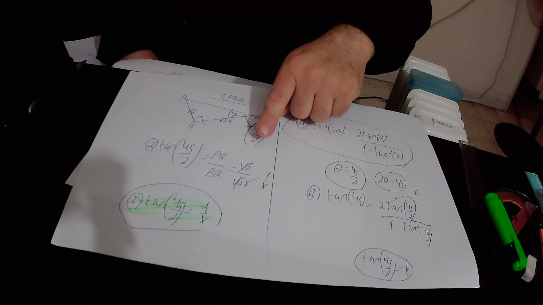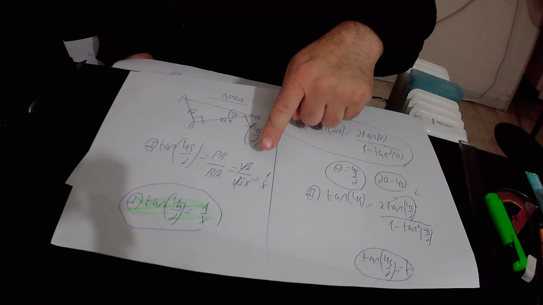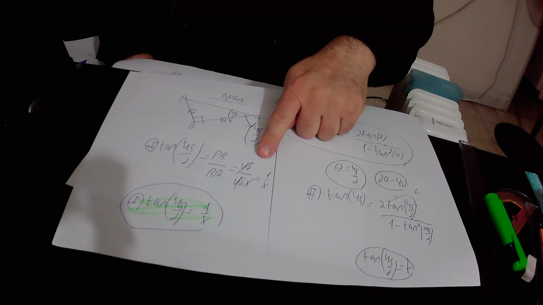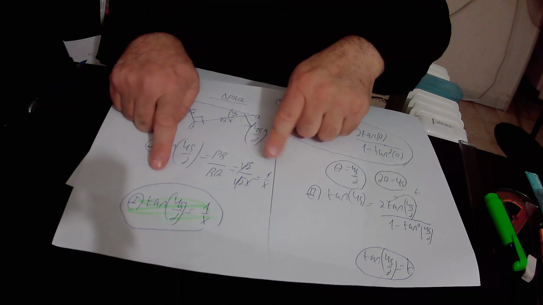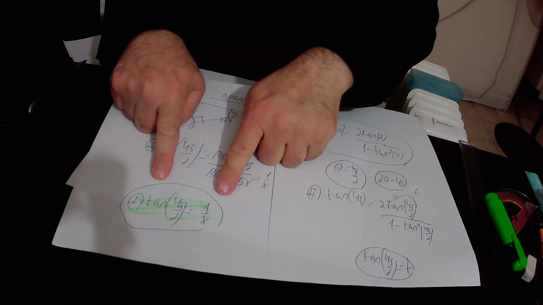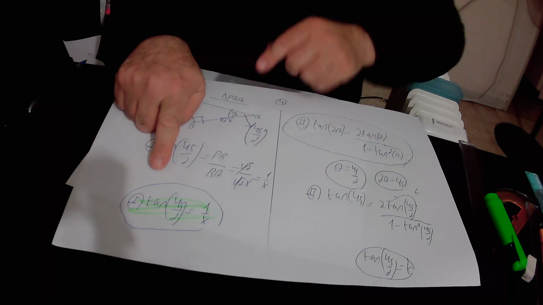So we have square root of 2 in the numerator and square root of 2 in the denominator, so the square root of 2 will get cancelled. So this expression equals, in total, 1 over x. So in conclusion, tangent 45 over 2 degrees equals 1 over x. This is according to equation number 1.